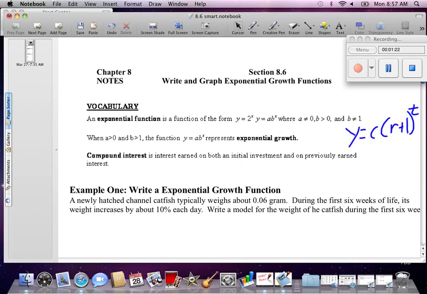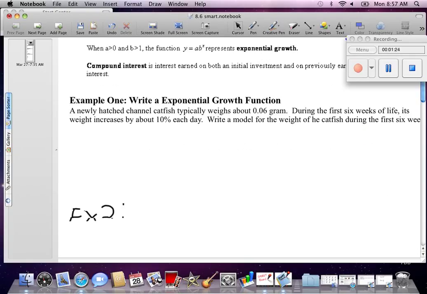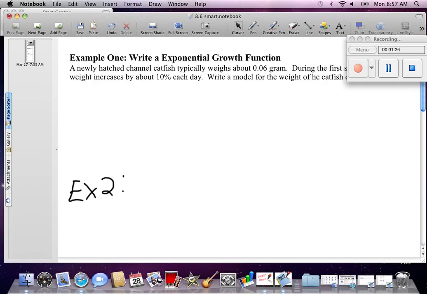All right, ladies and gentlemen, let's look at example 1. A newly hatched channel catfish typically weighs about 0.06 grams. During the first 6 weeks of life, its weight increases by 10% each day. Write a model for the weight of the catfish during the first 6 weeks.